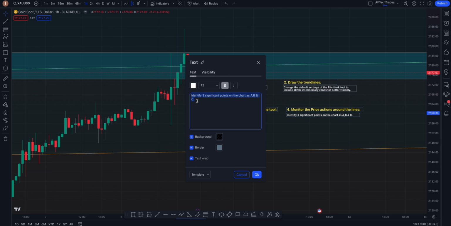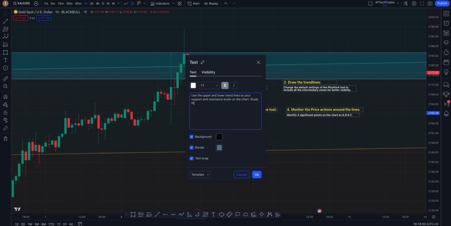Okay, so number 3, we said the upper and lower trends are your potential levels of resistance and support respectively. So use the upper and lower trend lines as your support and resistance levels on the chart.